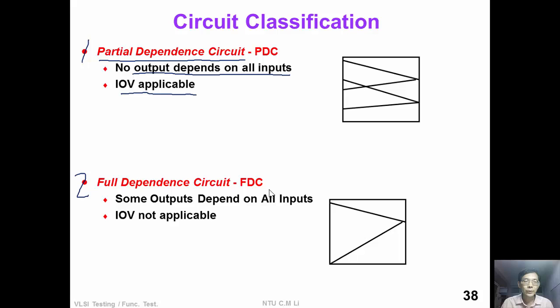FDC, or full dependent circuit, has some output that depends on all the inputs, as shown in this figure. A certain output depends on all the inputs. In this case, we cannot apply IOV to reduce the test length.